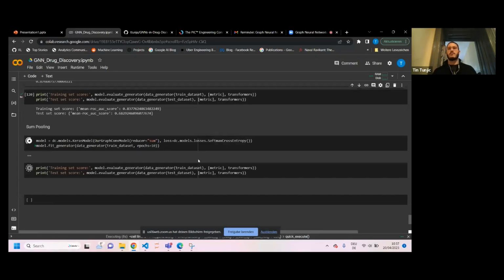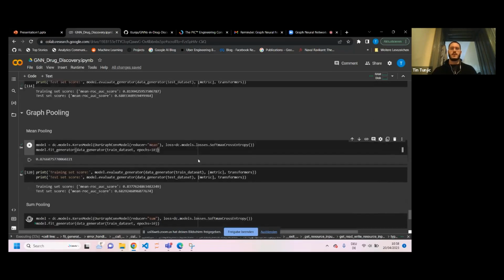The GAT was introduced, I think, in 2018 by Petar Veličković and the rest. And the message passing neural network was also introduced around that period. I don't know who the authors were, but it's also a very used graph neural network in many possible tasks.